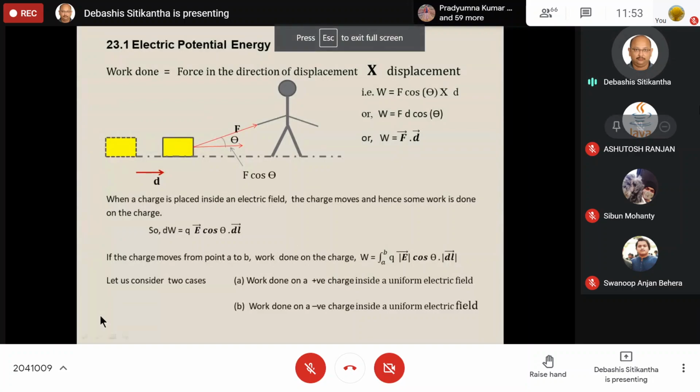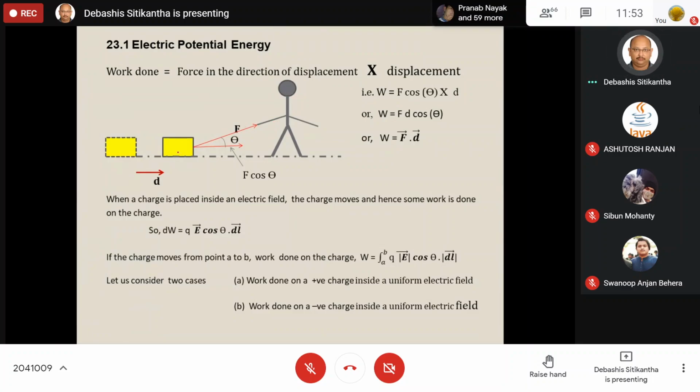Now over here, as you can see in this cartoon, this fellow is pulling this box, applying a force of F vector. F is written in bold, that means it is a vector quantity. Obviously this force is making an angle of theta with respect to the horizontal plane.